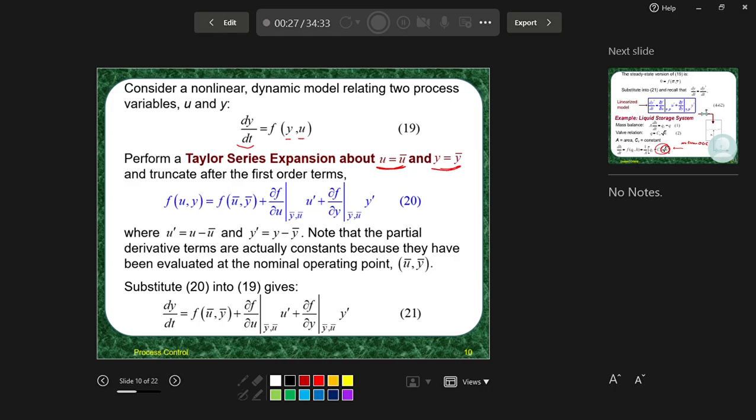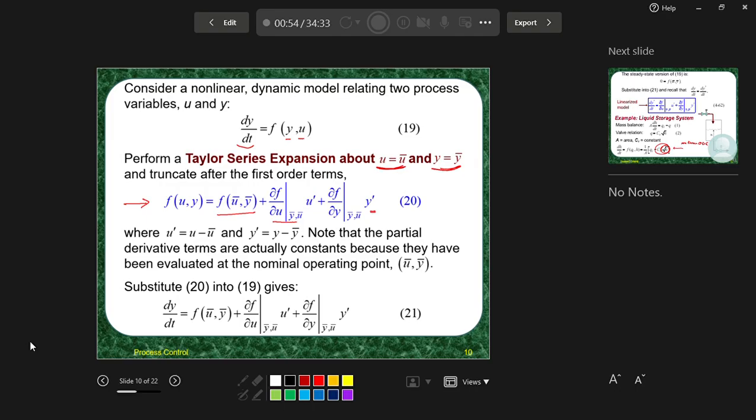And then our Taylor series expansion for the first two terms will be the value of the function at the steady state, plus the value of the derivative at the steady state multiplied by the perturbation of u, plus the value of the function derivative at steady state multiplied by the perturbation of y.